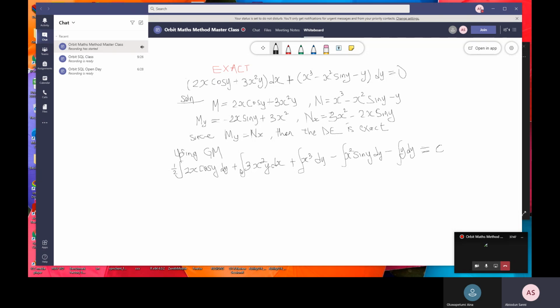Would I put half here too? No. Why do you think I'm not going to put half? Because there's x here, and here you can see that there is y.